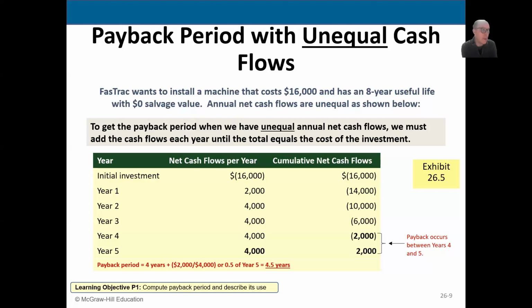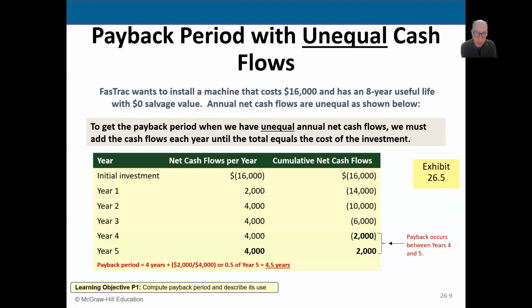I add each year of cash flows until my cumulative net cash flow equals 0. I can see, based off of this chart, that the payback period is 4.5 years.